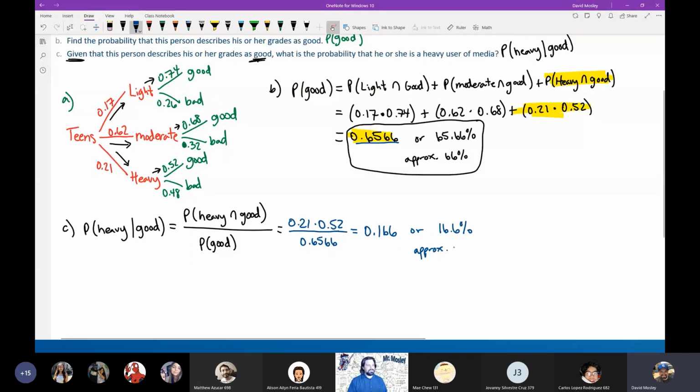We could say approximately 17% if we're rounding to a whole percentage. And there we go. What questions do you have? Hopefully after seeing these couple examples, it makes a little more sense on how to use these rules that we've explored the last couple lessons.